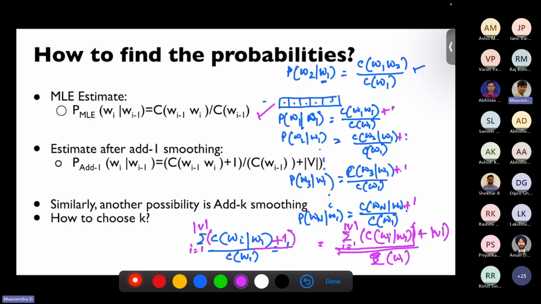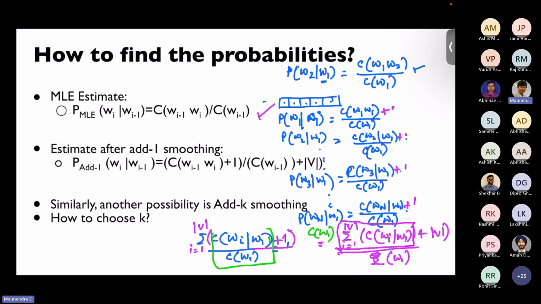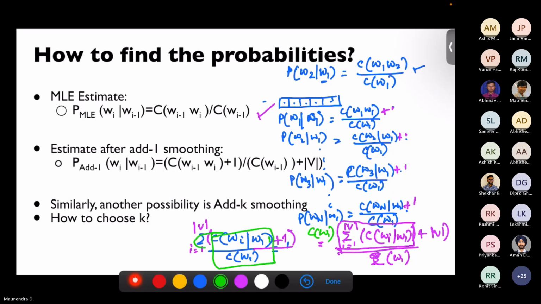Now this entire thing is what? c of w1. That is why this earlier summation was a probability. So the numerator is now c of w1 plus size of V. To make it a probability, we should add size of V in the denominator also. That is why we add this size of V in the denominator. Is that clear? So that this entire thing after the adjustment remains a probability. Yes.